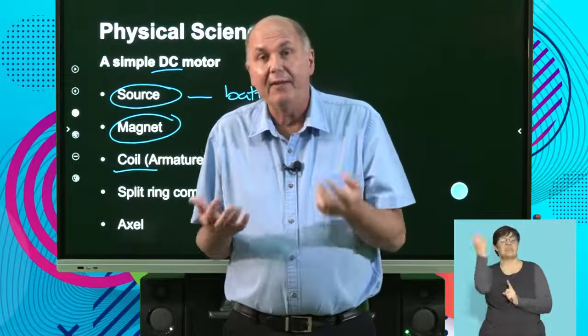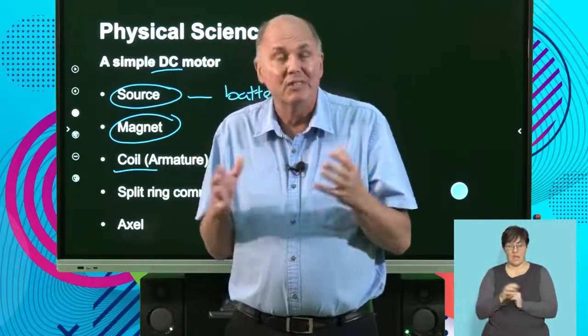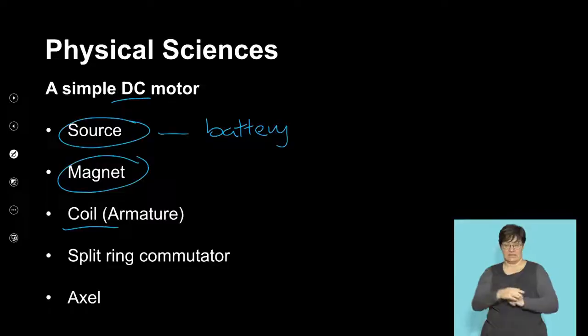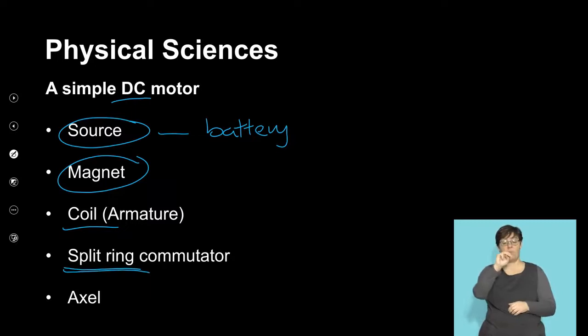It's just another name for it, but it's simply a piece of wire that's looped around inside that space between the magnetic field. And then there's this very important thing. The DC motor has a split ring commutator, and the whole thing also has an axle.